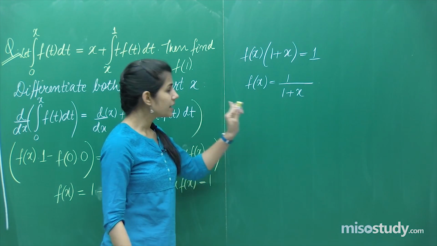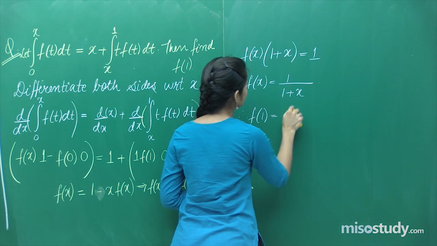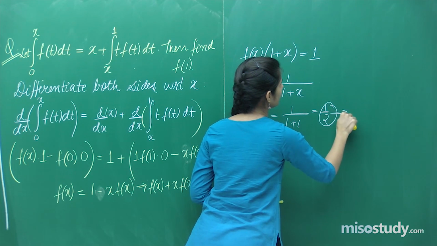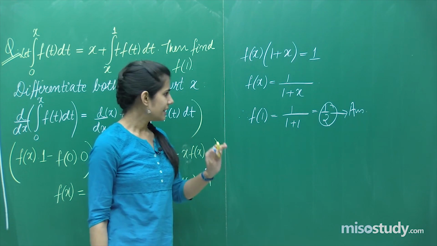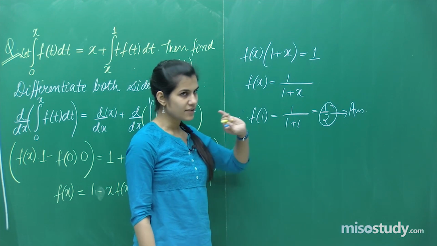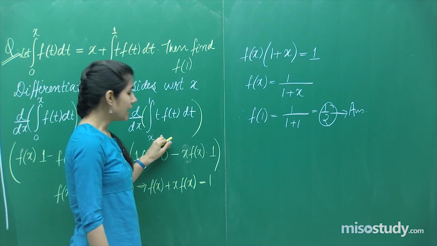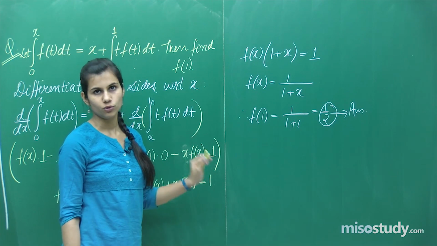If fx is 1 upon 1 plus x, therefore f of 1 is 1 upon 1 plus 1, which is 1 upon 2. That's your answer. That's how you obtain f of 1 once you have f of x, by applying the Newton-Leibniz rule two times, on the left hand side and right hand side.